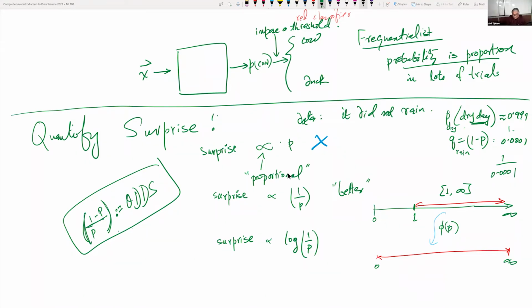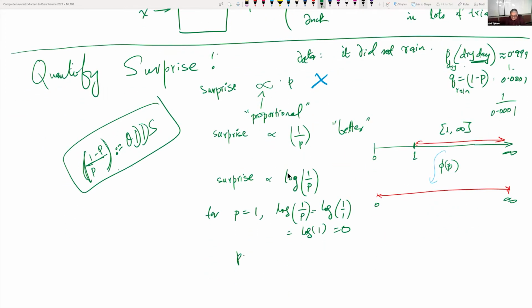Okay, let's work it out. For P equal to 1, log of 1 over P is equal to log of 1 over 1, is equal to log 1, is equal to 0, right? On the other hand, for P equal to 0.001, let's say, you're doing log of 1 over 0.001, that is equal to log of 10 to the power 3, isn't it?